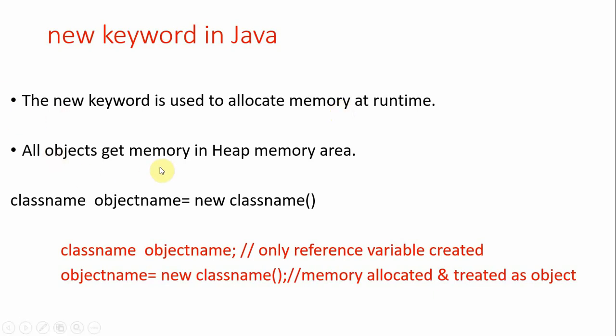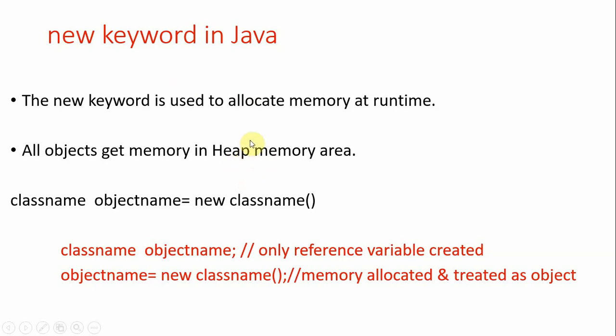Objects get memory in the heap memory area. We have two kinds of memory in Java: stack memory and heap memory. Stack memory is used to store temporary data, like local variables and reference variables. That means the lifetime of these members may be short, so they can be stored in stack memory in the form of LIFO, last in first out.